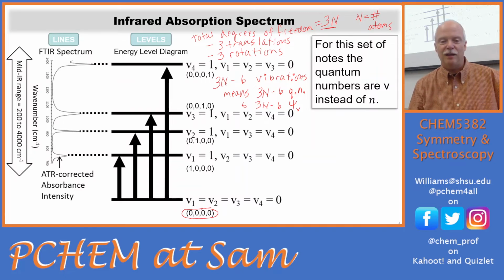That's sort of a designation of the 4 quantum numbers. V1 is equal to V2 is equal to V3, all of them are equal to 0. And so the reason that the infrared spectrum is so complicated is because we have all of those wave functions and all of those quantum numbers. And so this might be here what we call nu 1.